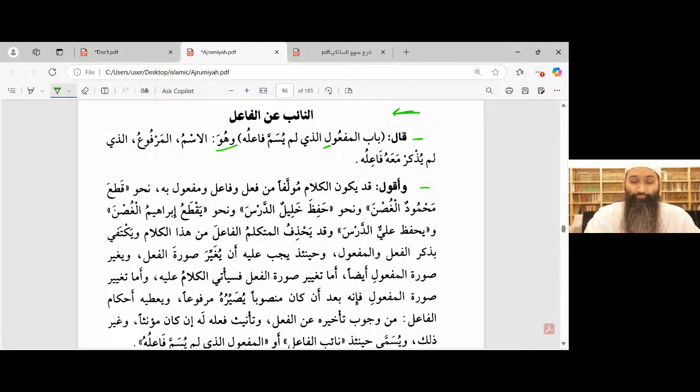وَأَقُولُ قد يكون الكلام مؤلفا من فعل وفاعل ومفعول به.